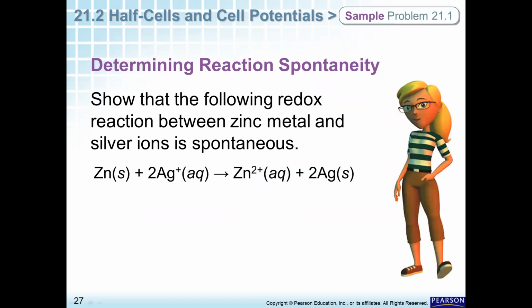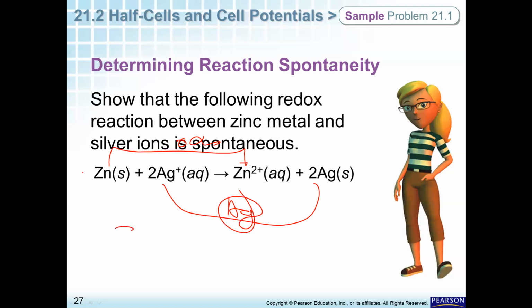Another example: you have to prove to whoever is asking you the question that this reaction is spontaneous. The reaction is oxidation of zinc and reduction of silver. That means I need to convert these two into half reactions.